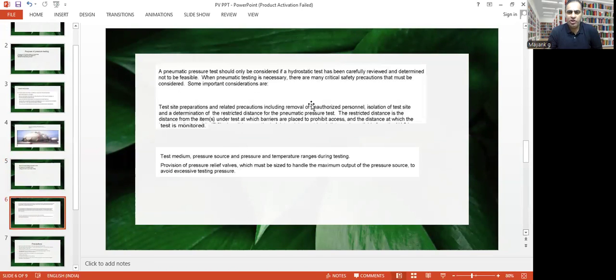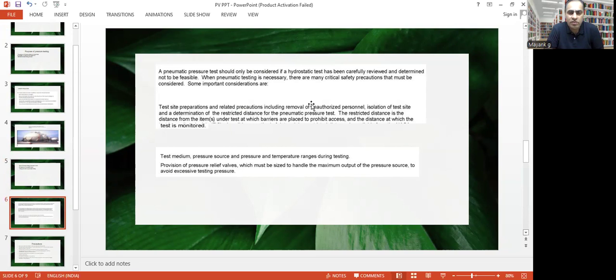It is very important to note here that pneumatic testing should be done only when it is not possible to carry out the hydraulic testing, because it is very risky. And there are certain precautions that have to be taken while we are doing any kind of pneumatic test.